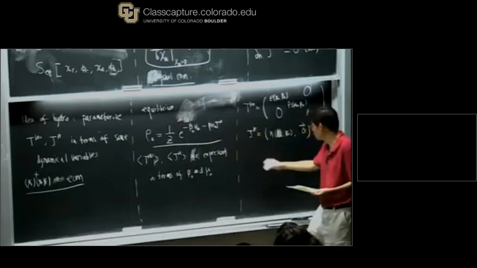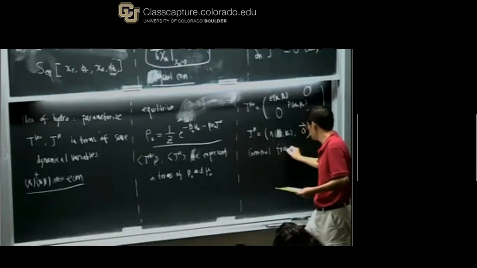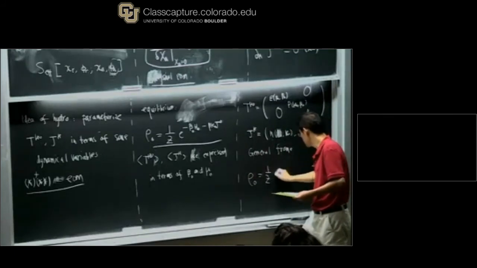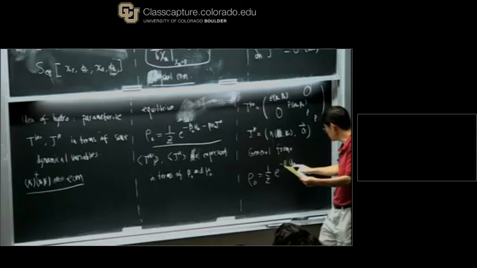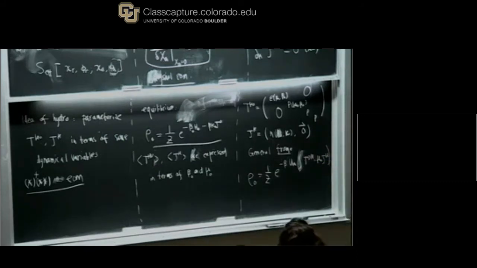Then I can go to a general frame, where rho_0 equals 1 over Z exponential of minus beta u_μ, where u^μ is a velocity field. Define your frame, and then the integration of T_0^{μν} minus mu J_0^μ can be written in that form.